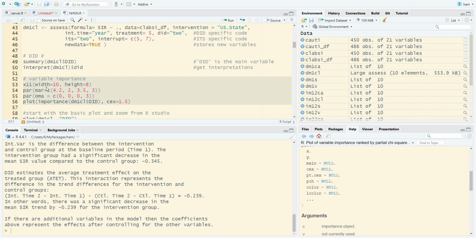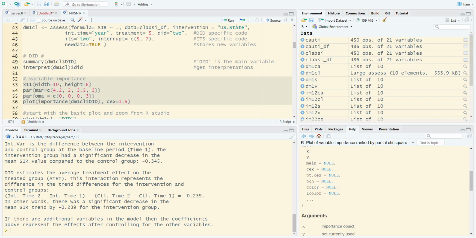X11 is a graphing window. I have parameter preferences that I'm going to use to graph this plot better, and then that last line of code is going to plot the importance calculation for that model.